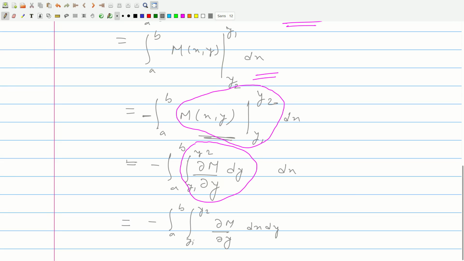So you see, x is going from a to b and y is going from y1 to y2. So basically our curve was this, and a and b, y1 to y2. So it is going from a to b and y is going from y1 to y2. So actually it is tracing this whole region.